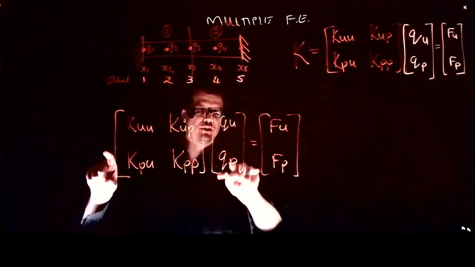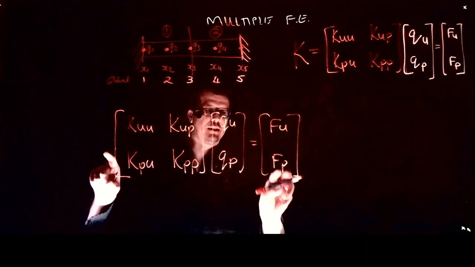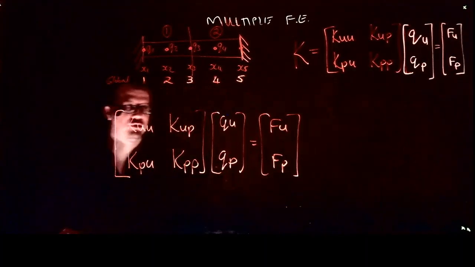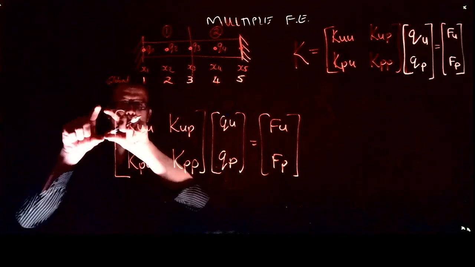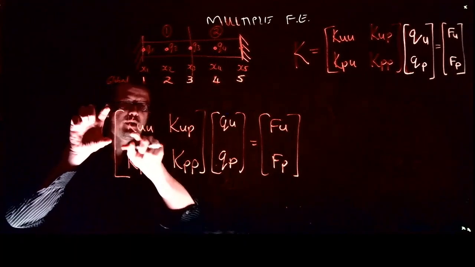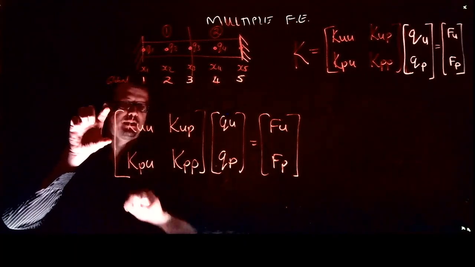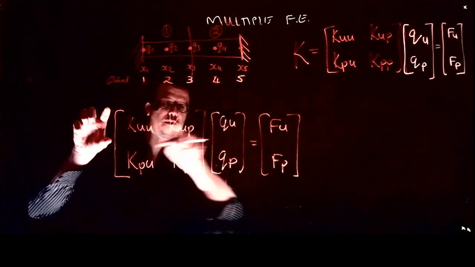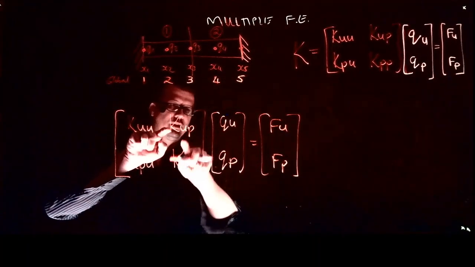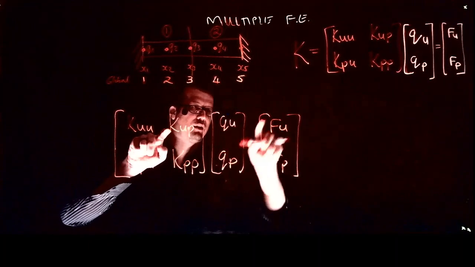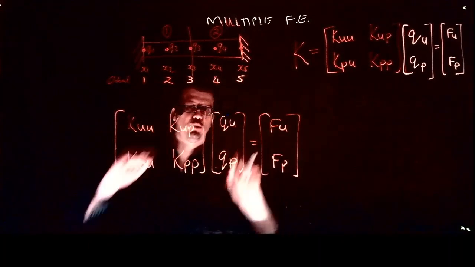There are unknown displacements, and there are some unknown reaction forces that we have to solve for. So we have to start with the set of equations associated with the unknown displacements, because when I multiply this out, this multiplies by this plus this times this is equal to this, and so everything here is known. That is important to understand.